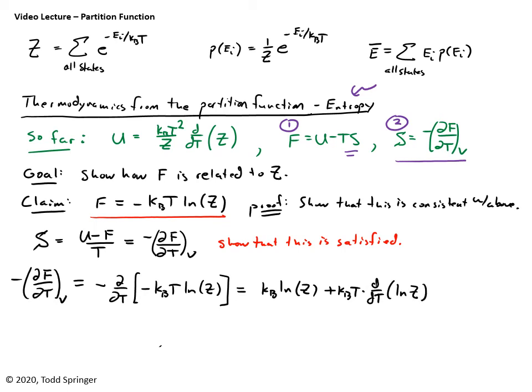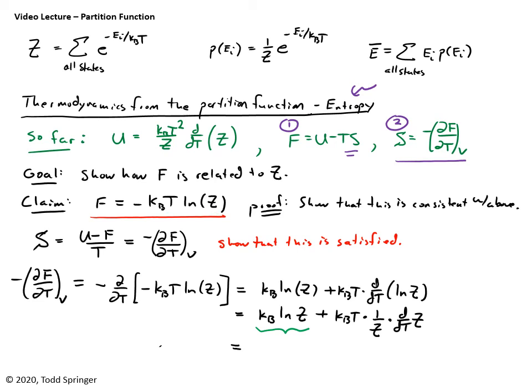And let me write this again: k_B T, and I'm going to write this in a more suggestive form. The derivative of the natural log of Z is 1 over Z times the derivative of the inside from the chain rule, which is dZ/dT. And now stare at this and you can identify a few things. This one here, k_B log Z, looks a lot like F here, except there's a minus sign and there's a factor of T missing.